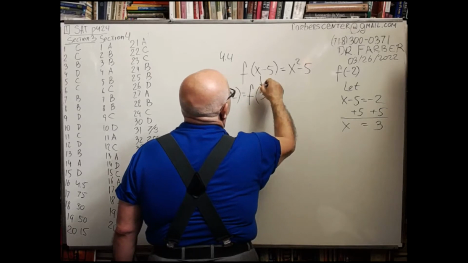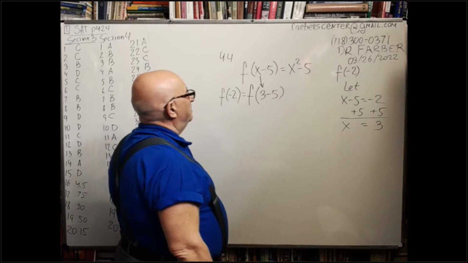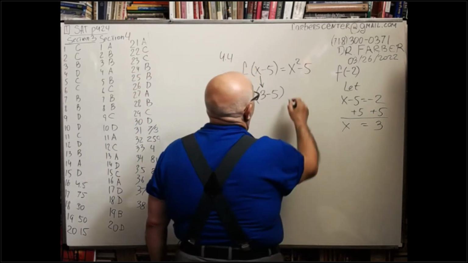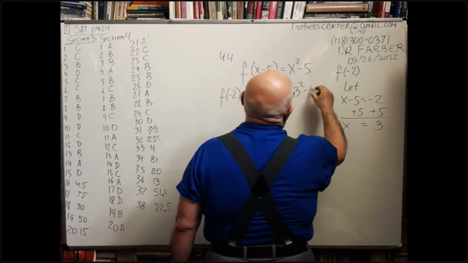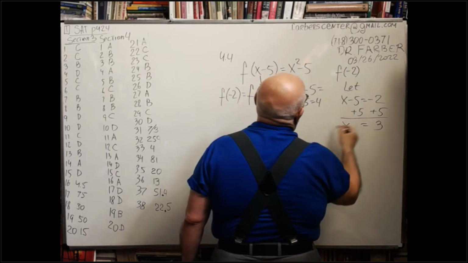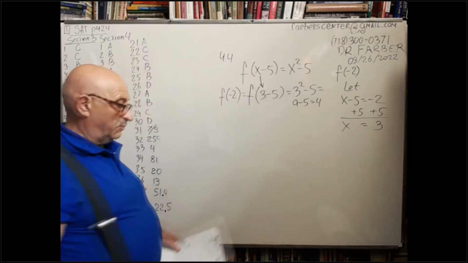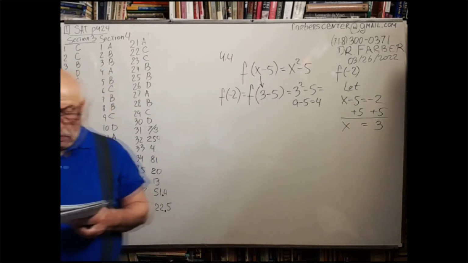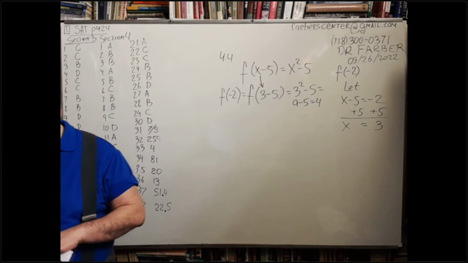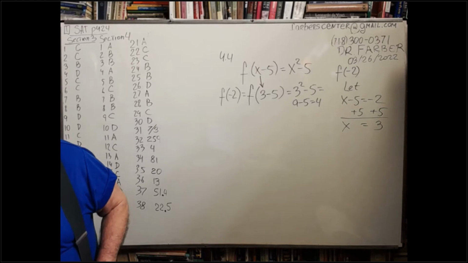Now look at this. X equals 3. Equals 3 to the second minus 5, which is 9 minus 5, which is 4. Use the substitution, either general or specific with these numbers. It's 4. Any questions? No questions.